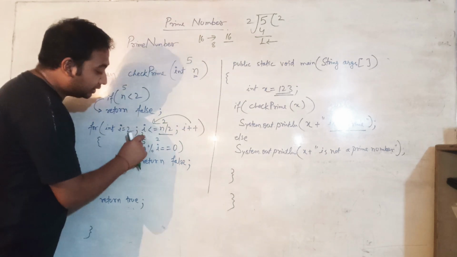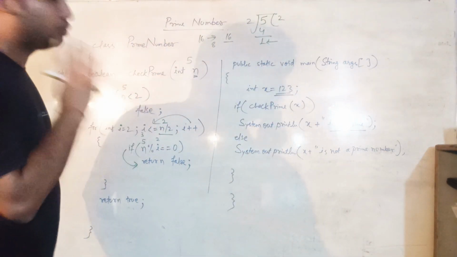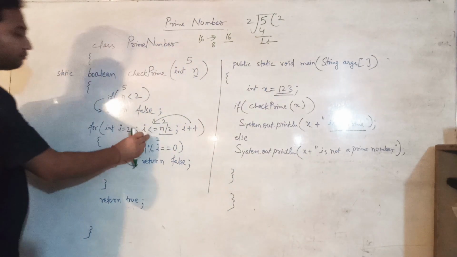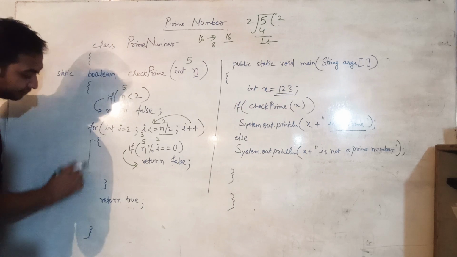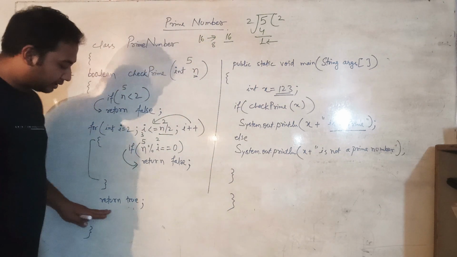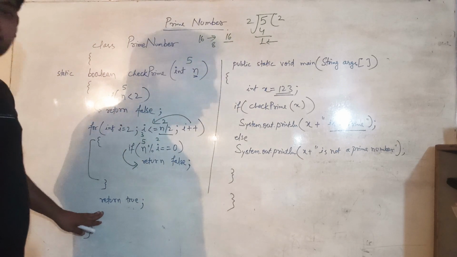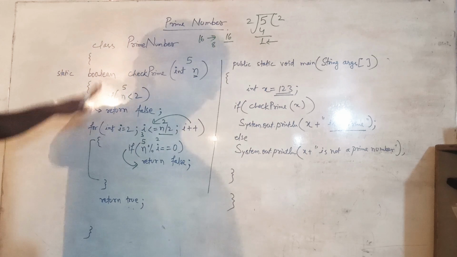So the value 3 is not less than 2 nor equal to 2. That's why we will leave it. The condition of the loop will become false, and thereafter we will come after the loop. And as we come after the loop, we will see a statement: return true. True will be returned, meaning the number is prime.